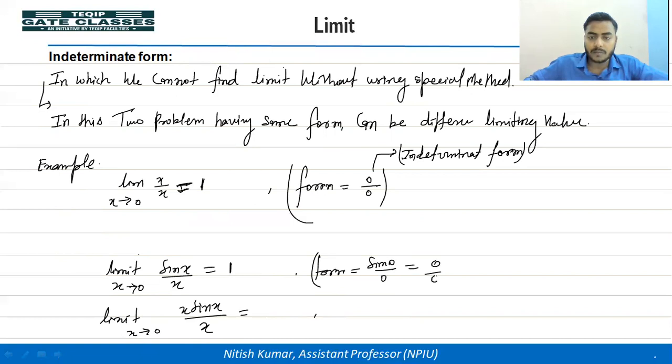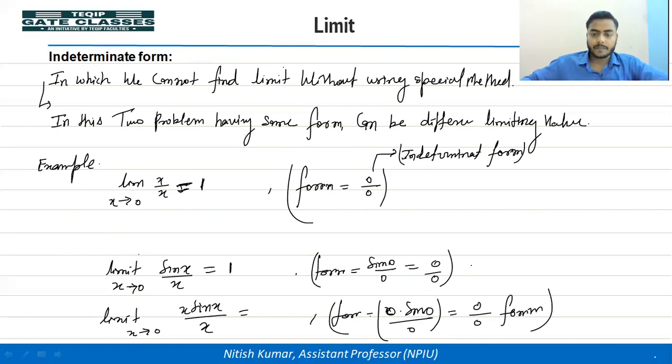This is also a 0 by 0 form. Here also the form is 0 into sin 0 divided by 0. We are getting 0 by 0 form here. Okay, so you can see the result here. We are getting 0 here.